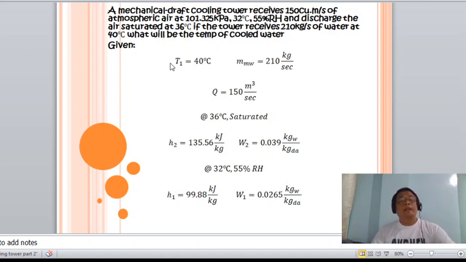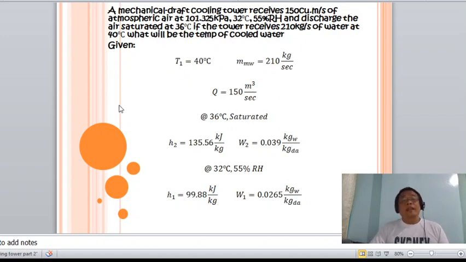So from the data of the saturated air at 36 degrees Celsius, from the psychrometric chart, the value of the enthalpy is 135.56 kilojoules per kilogram. And then looking at the right portion of the psychrometric chart, the humidity ratio is equal to 0.039 kilogram water per kilogram of dry air.